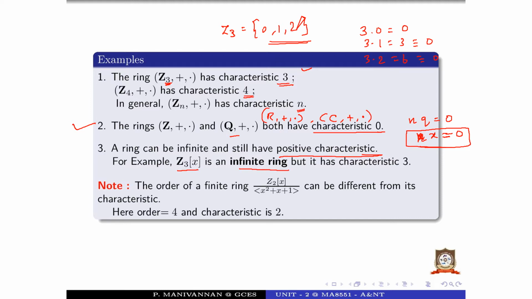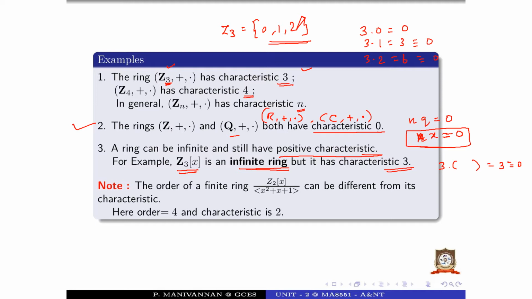Z3 is finite, but Z3[x], the polynomial ring, is infinite. But its characteristic value is 3, since in Z3[x], all the polynomials multiplied by 3 give multiples of 3, which are equivalent to 0. So Z3[x] is an infinite ring, and its characteristic value is 3.